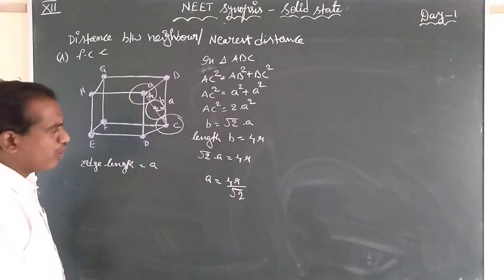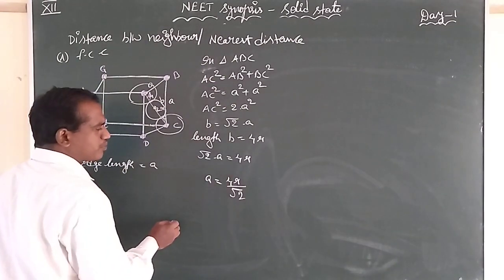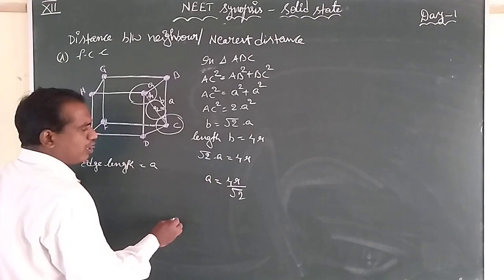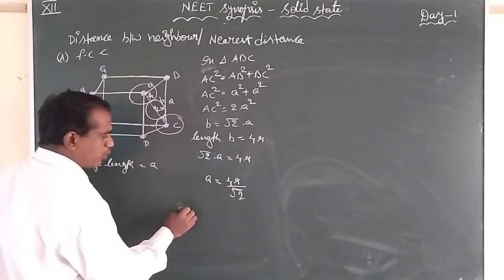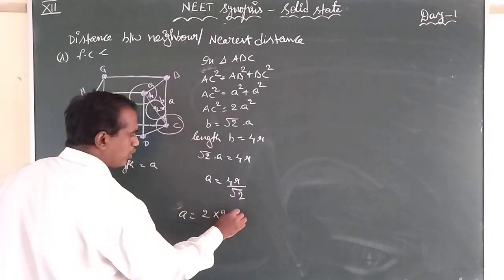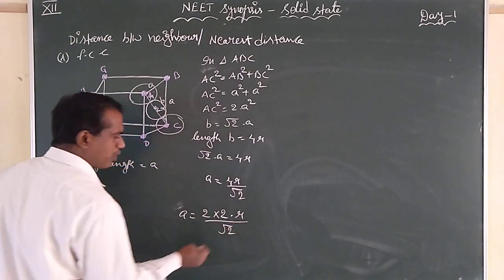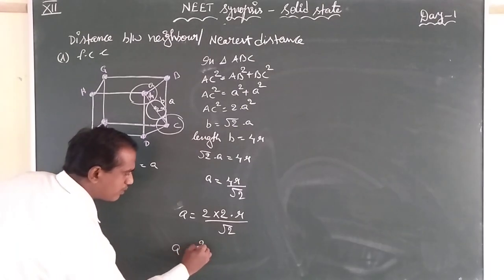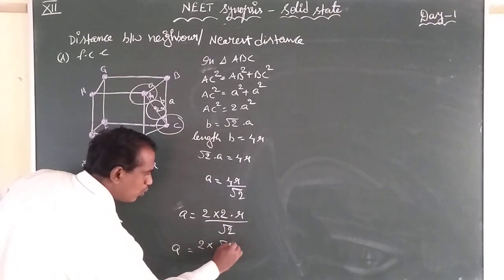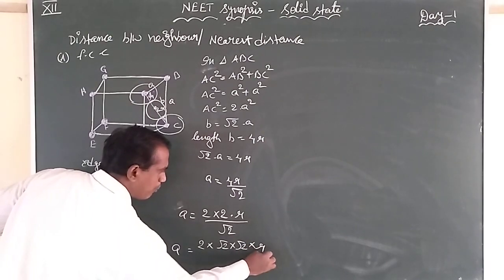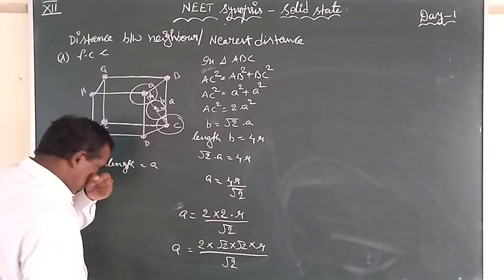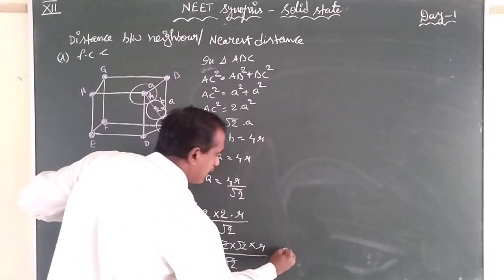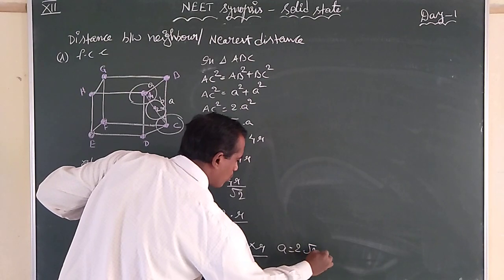How shall we write the 4? We can write 4 as 2 into 2, so a equals 2 into 2R upon root 2. Writing one of the 2 as root 2 into root 2 upon root 2, if we cancel root 2 and root 2, that will be written as a equals 2 into root 2 into R.